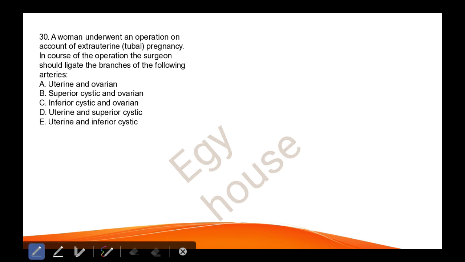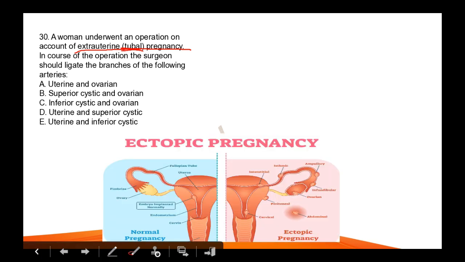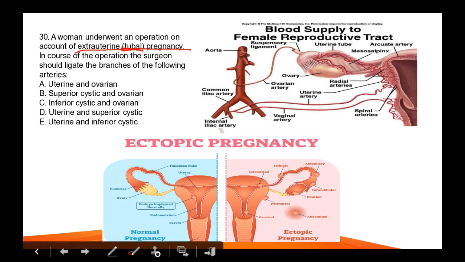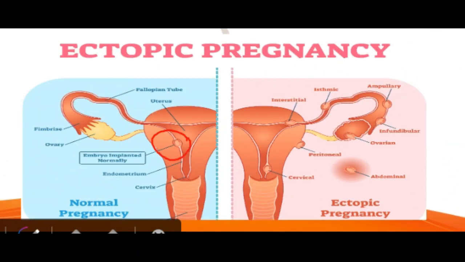Here the woman had an extrauterine pregnancy. It's tubal. That means in the fallopian tube. Well, let's talk about a normal pregnancy. A normal pregnancy is in the uterus, and it's implanted to the endometrium of the uterine cavity.